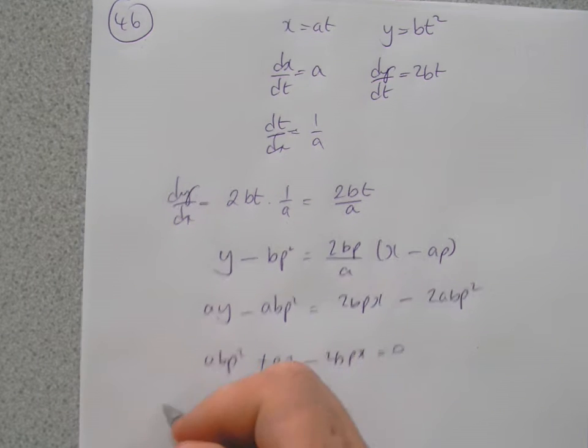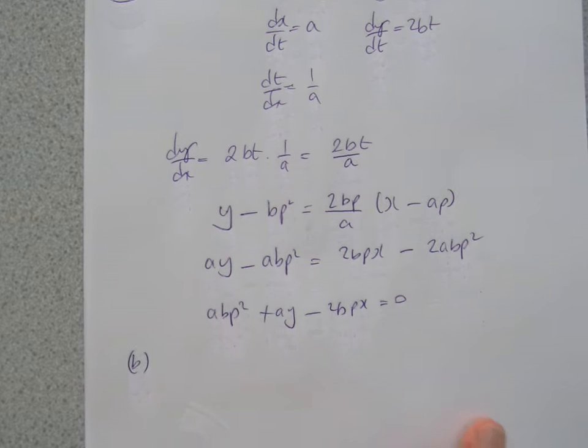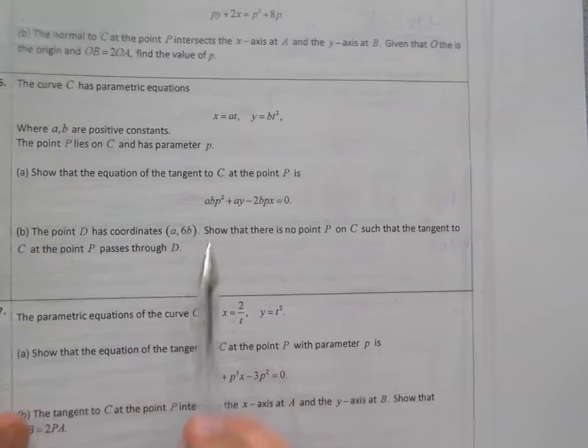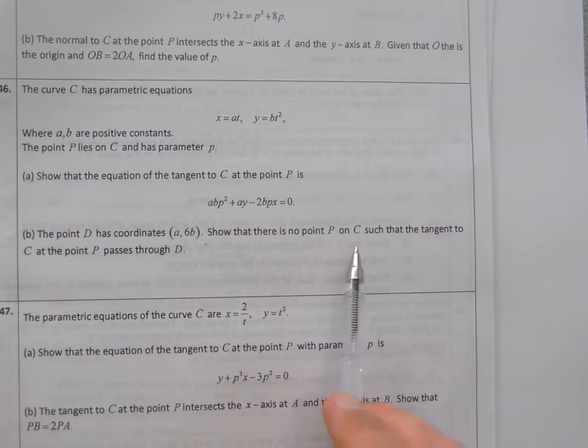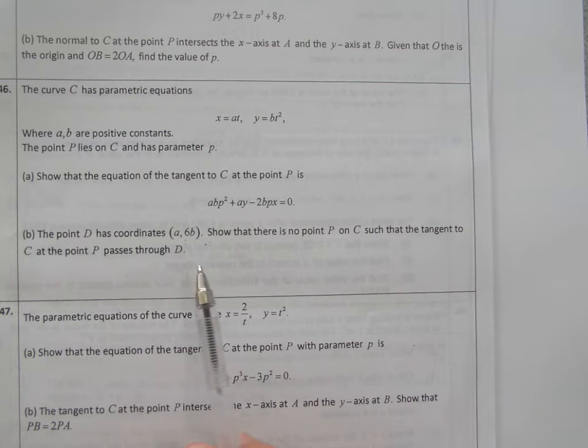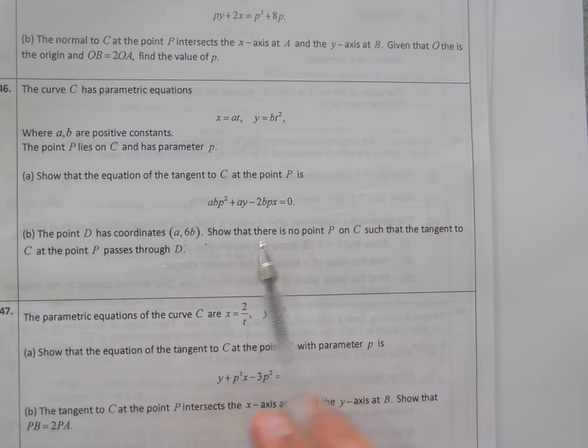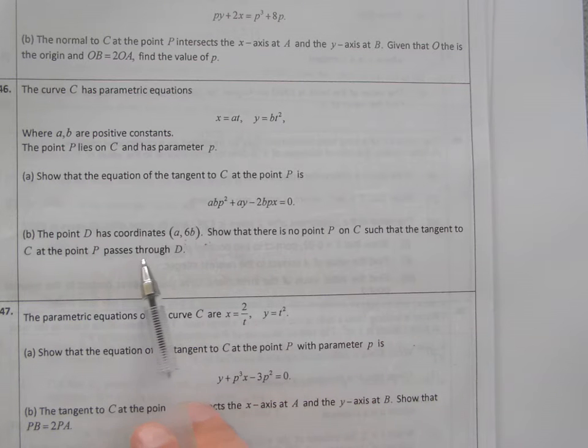Now it says part B, that the point D has coordinates a, 6b, show that there is no point P on C such that the tangent to C at the point P passes through D. Okay, it's quite tongue twisting, isn't it? And you wonder what on earth is going on.